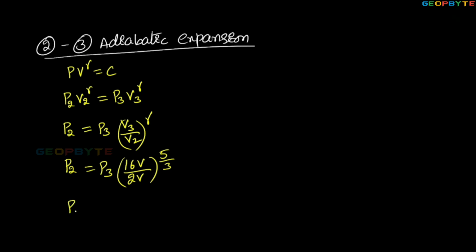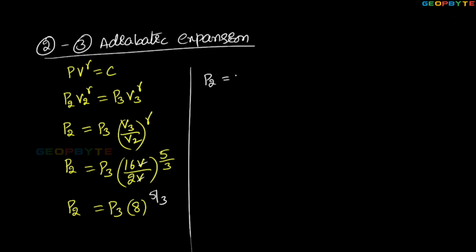Here P2 equal to P3 into 8 power 5 by 3, because this V is cancelled. 16 by 2 is 8. That can be written as P2 equal to P3 into, 8 can be written as 2 power 3, power 5 by 3. This 3 part is cancelled.